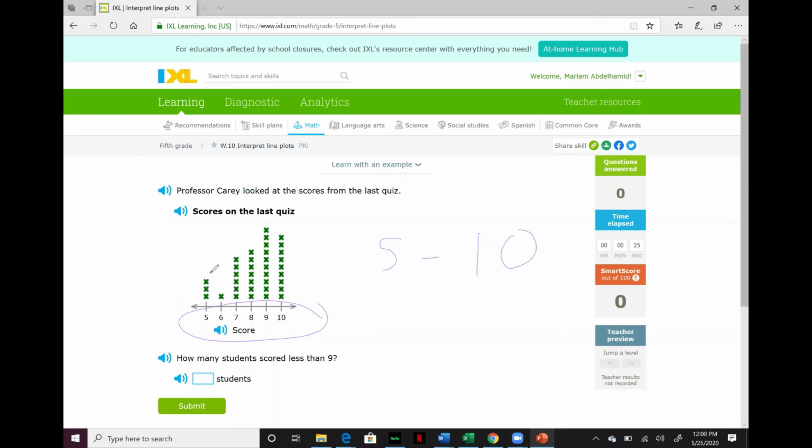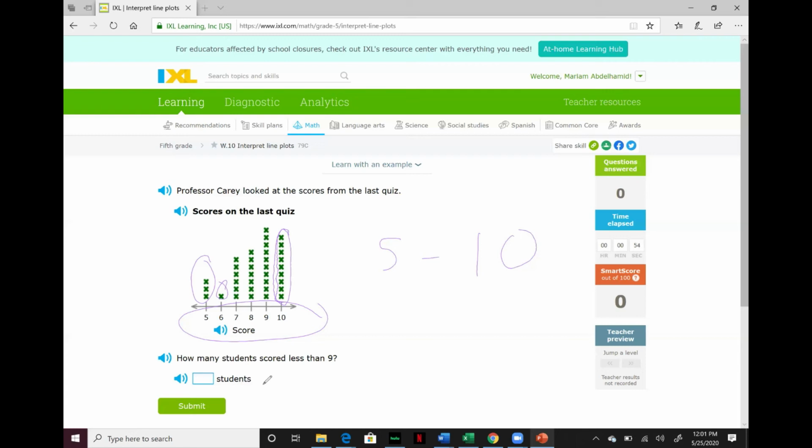So this shows us that 3 people scored 5. This shows us that 1 person scored 6. This shows us that 1, 2, 3, 4, 5, 6, 7, 9 people scored 10. So then it says how many students scored less than 9?